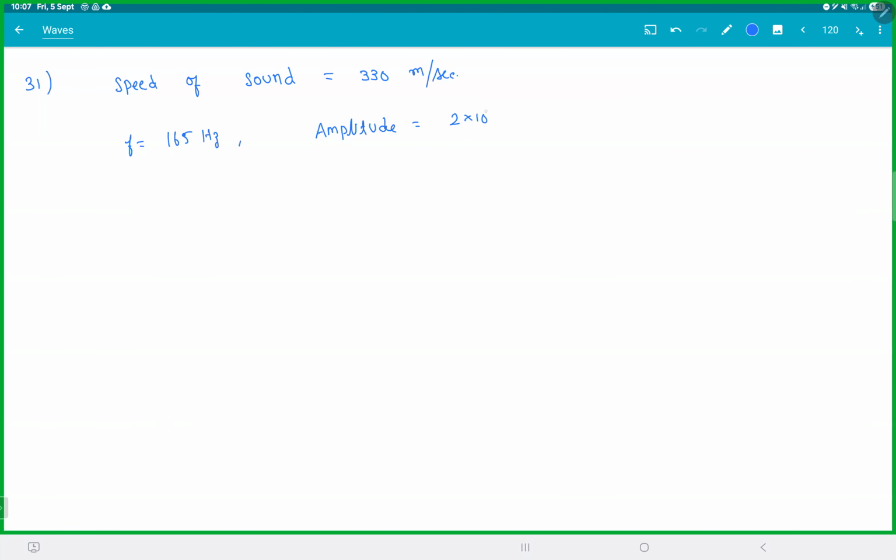Amplitude is 2 into 10 power minus 6 meters. The difference between maximum and minimum pressure is 20 pascals. Find the bulk modulus.